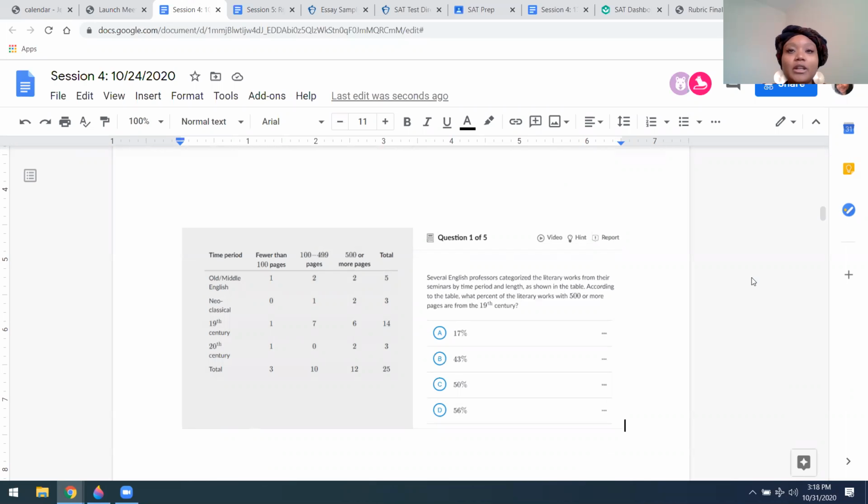So for this one, don't put your answers in the question box just yet, although I usually like you to do that. I might call on someone. So I will give you a couple minutes to read this and come up with an answer, and then we will go over it. Then after this, we will move into reading.